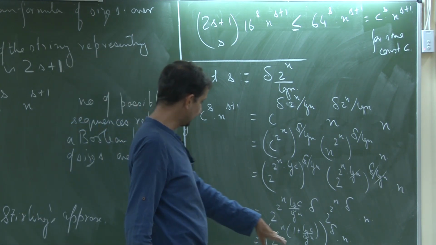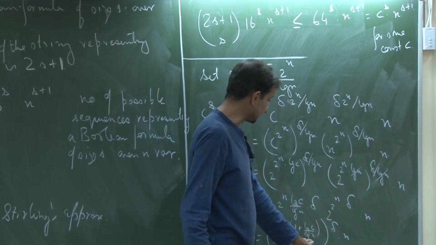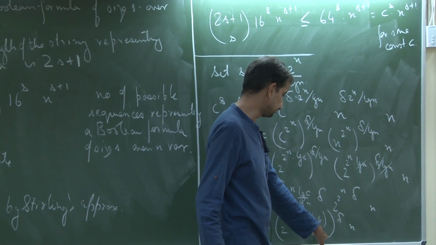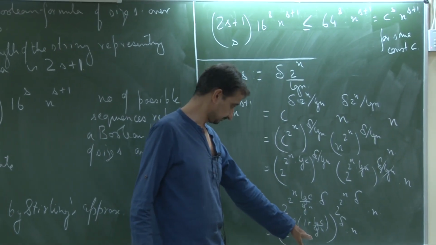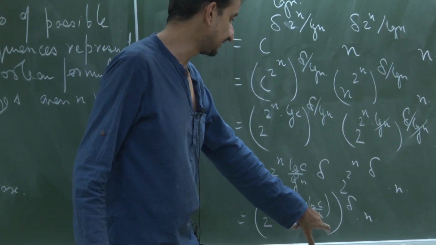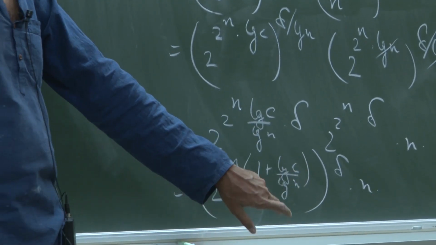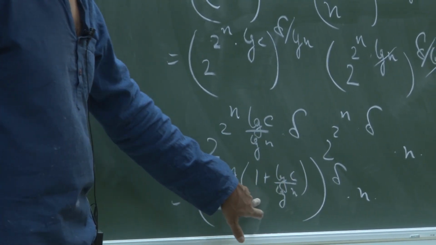So once again, log c by log n, as n tends to infinity, this quantity tends to 0. So, this is very close to 1.